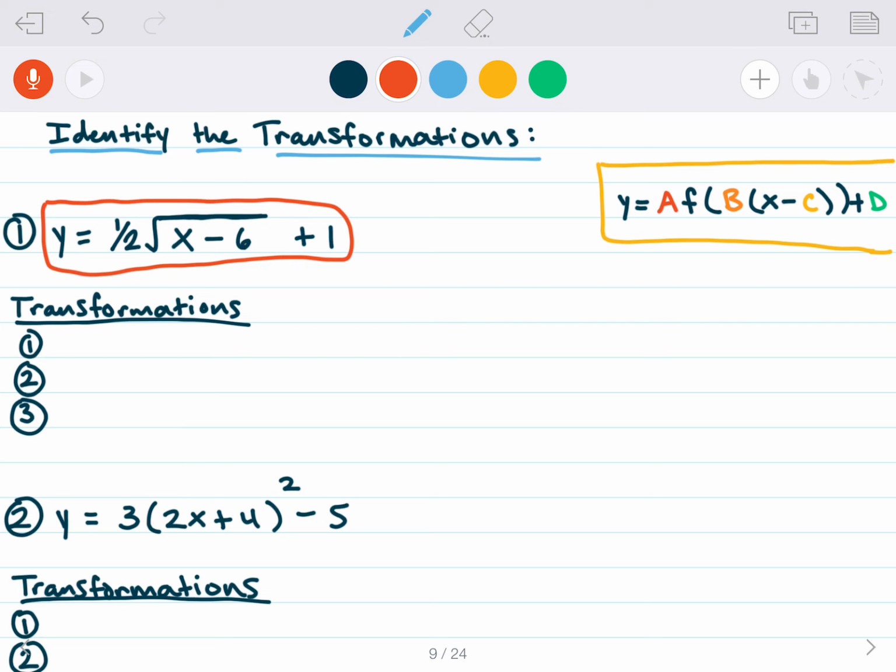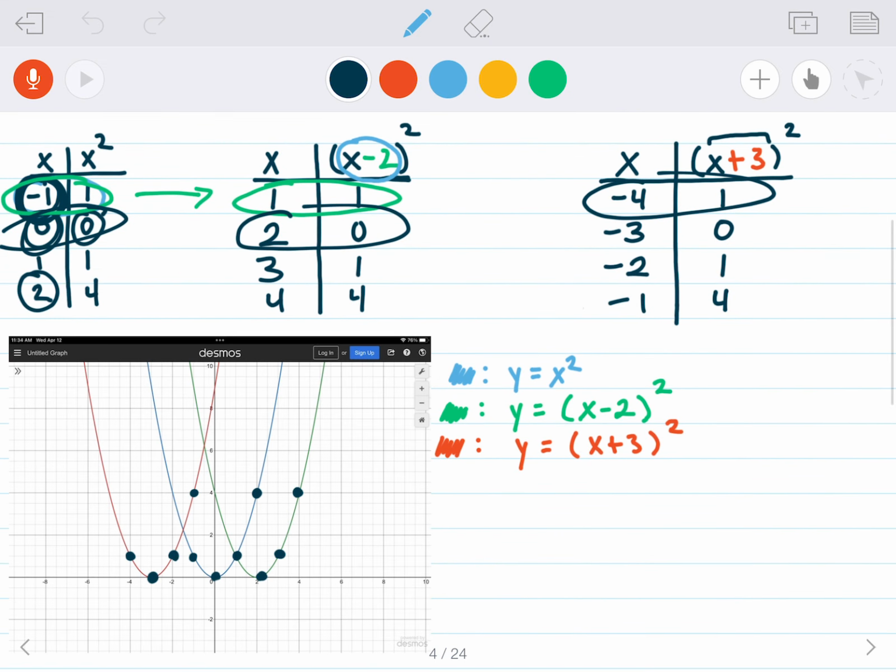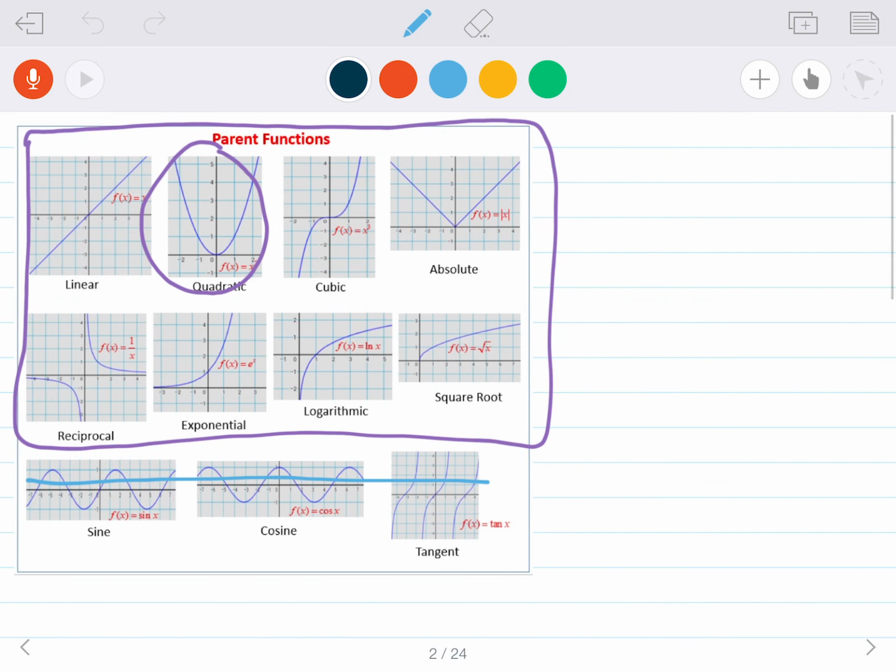Now, what is the very basic parent function that we are comparing this to? We're trying to transform a very basic parent function into this. So the parent function, if we look at our list over here, which one looks closest to what we have? Well, it has to be the square root function, right?